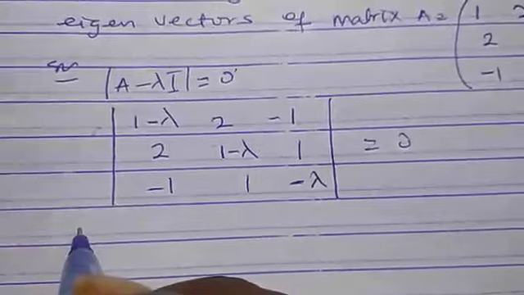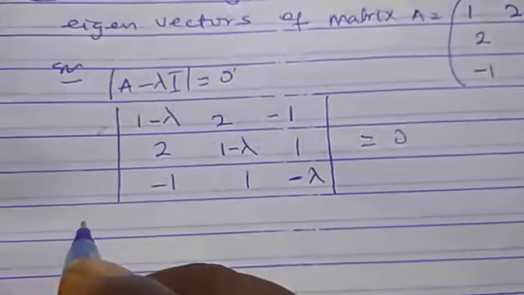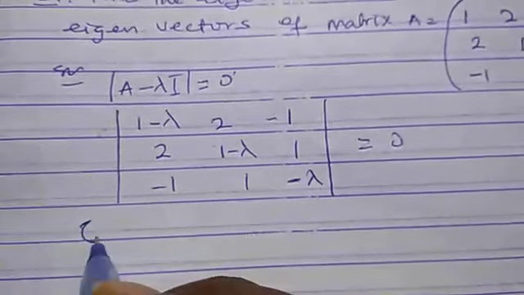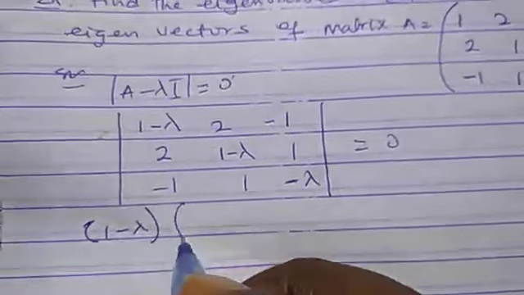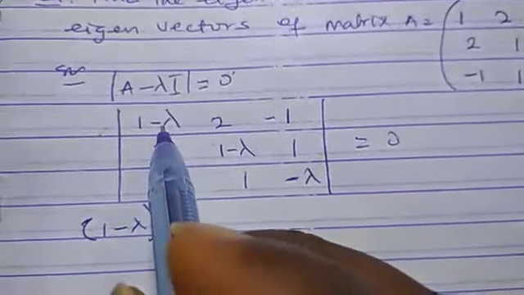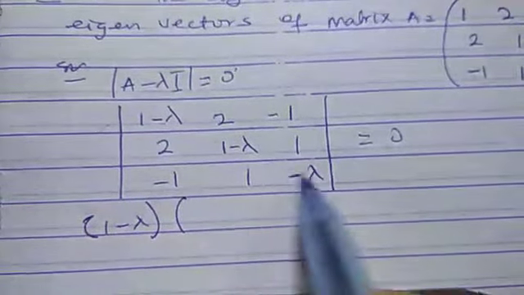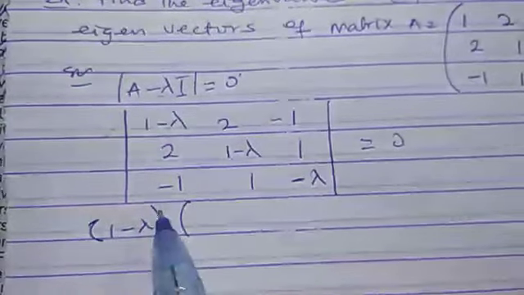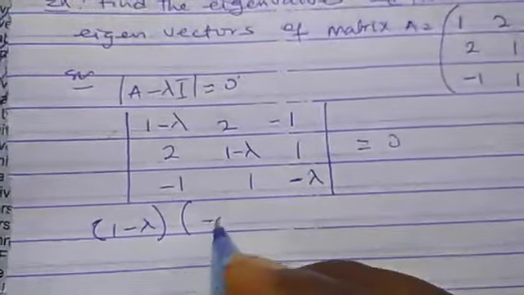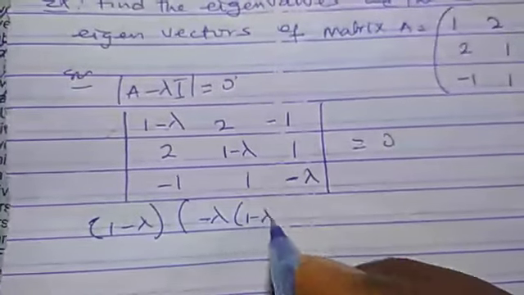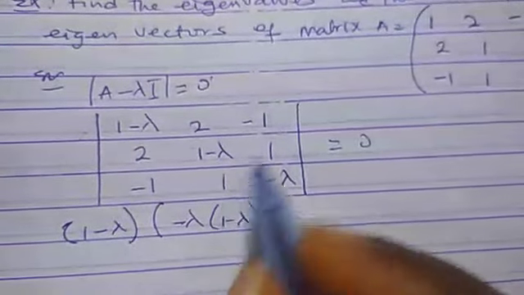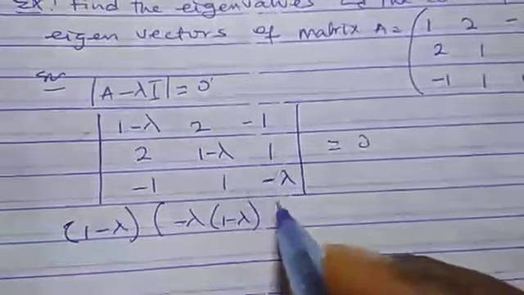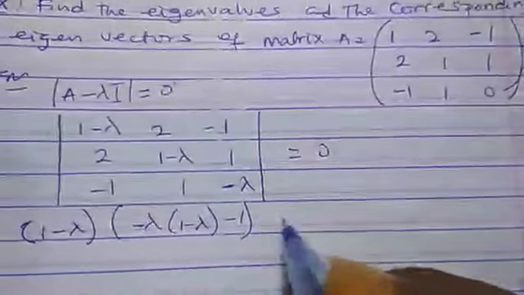So from this place, we find the determinant of the matrix, which we have done before. That will be minus lambda into this times this minus this times this. We cut all this and find the determinant. That will be minus lambda into (1 minus lambda)(1 minus lambda) minus 1, since 1 times 1 is 1.